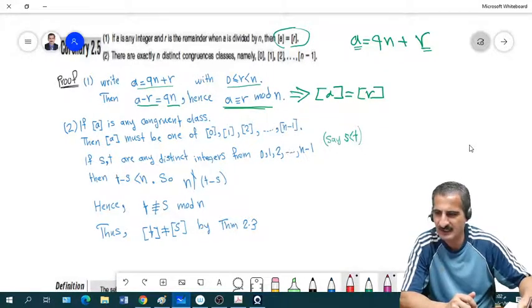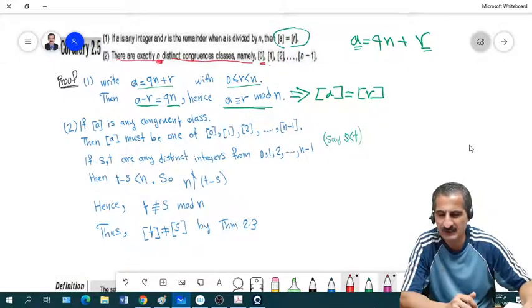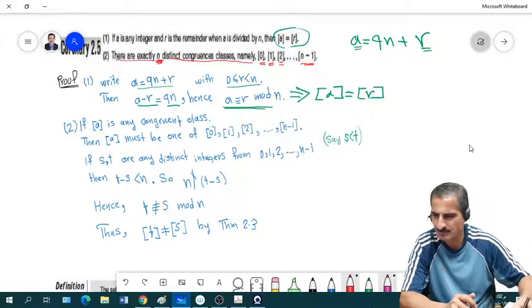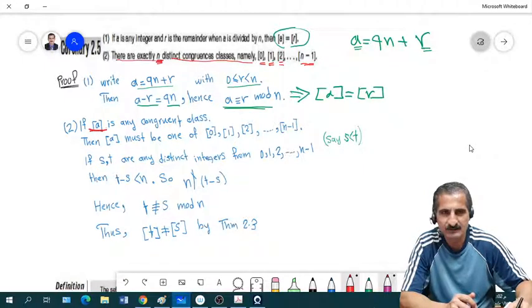It says that there are exactly n distinct congruence classes, which are the congruence class of 0, congruence class of 1, congruence class of 2, and so on. How do we know that? Okay, now we will assume that we are given an equivalence class represented by a, any equivalence class.